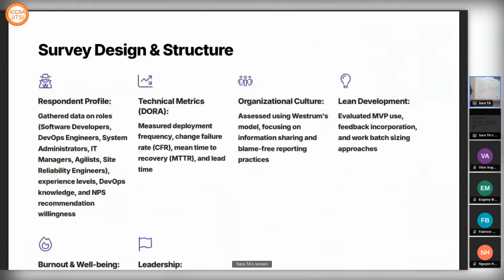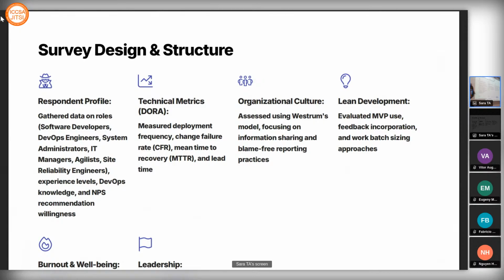In our survey, we have a respondent profile from different roles: software developers, DevOps engineers, system administrators, IT managers, agilists, and site reliability engineers, all of them with high experience in DevOps. We used the DORA metrics as internal measures.